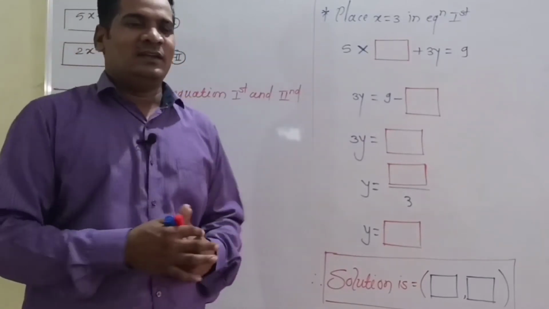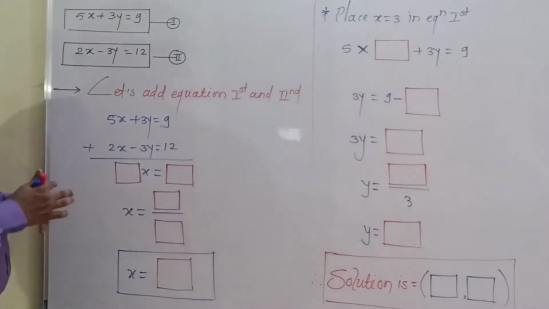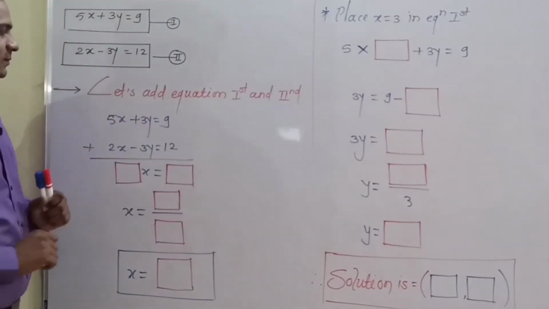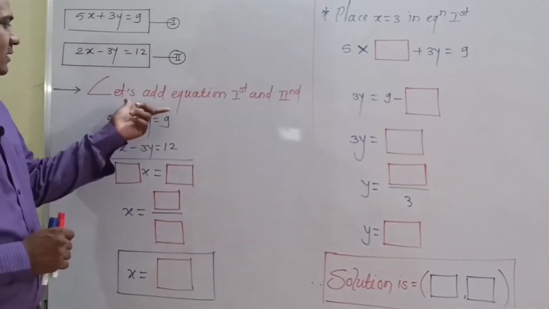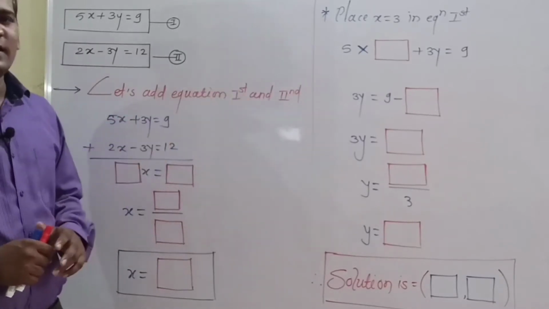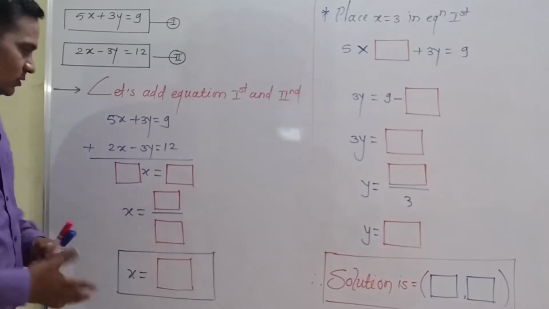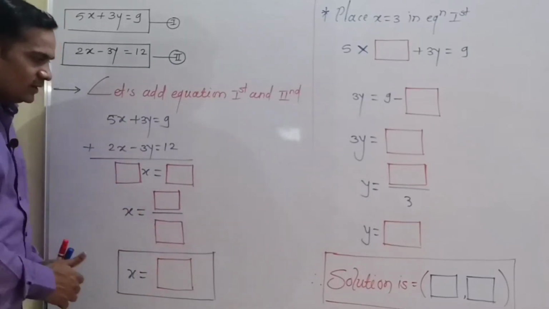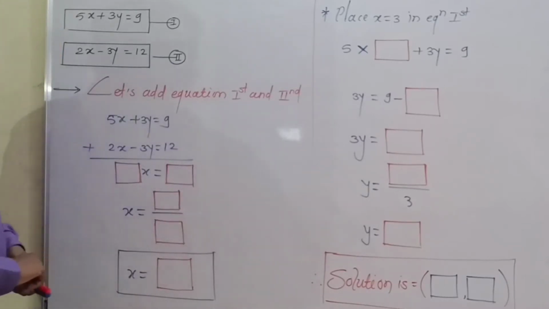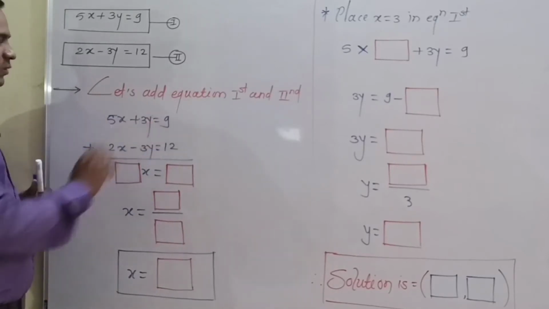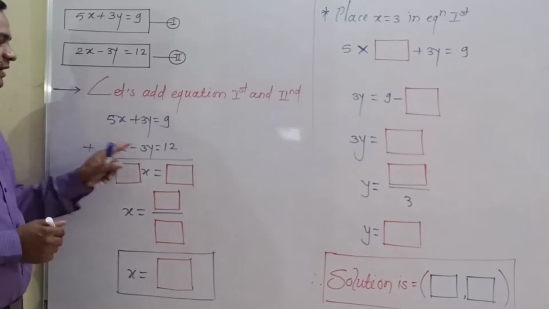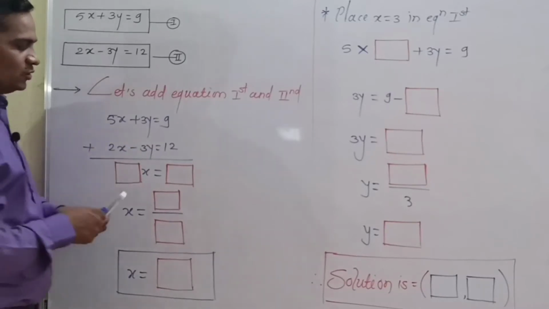So that's why, look at the second line of this activity. Let's add these two equations, equation first and second. I will show how to solve this activity here also. Now look at this: 5x plus 3y is equal to 9, and this is 2x plus 3y. So I will show you over here.